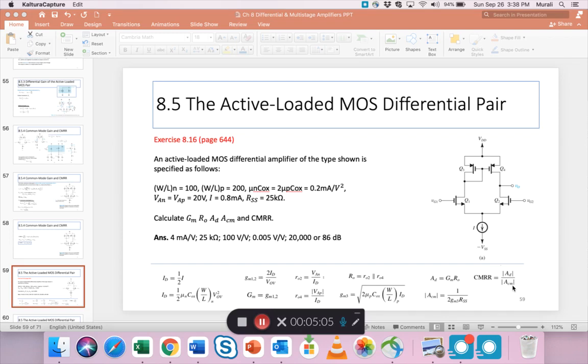Okay, so those are all the various formulas that we need. So here we need to find V_OV to put in the denominator here, right, to find Gm.